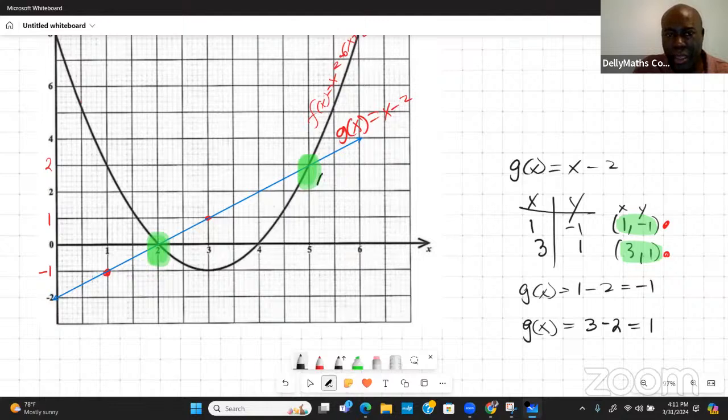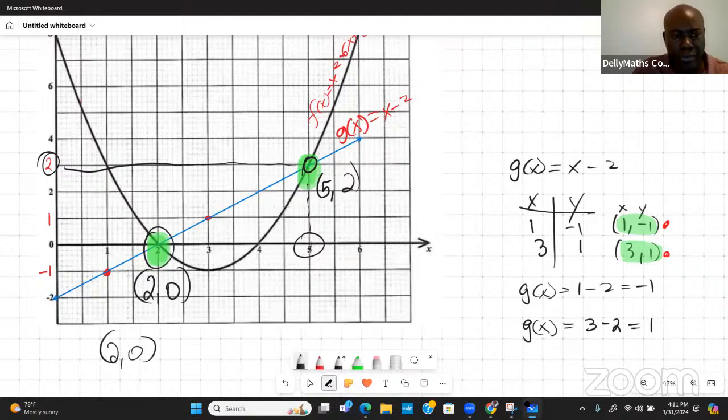Here, x was 5 and y was 2, meaning right here, 5, 2, that is solution 1. And here is 2, 0. That's the other solution. So the two solutions are as follows: 2, 0 is one, and 5, 2 is the other solution.